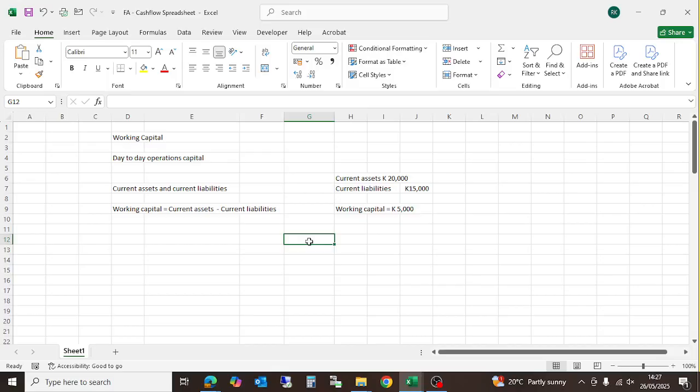We can also talk about the payables, which is the money owed to suppliers, or the trade creditors. Or we can talk about cash, either in the bank or in hand, which is also part of our current assets. So basically, all the aspects of a current asset and a current liability are known as components or features of working capital, and they are very important when it comes to working capital management.